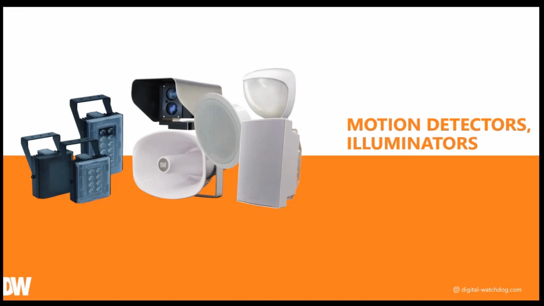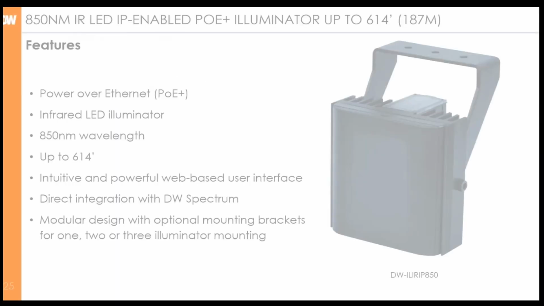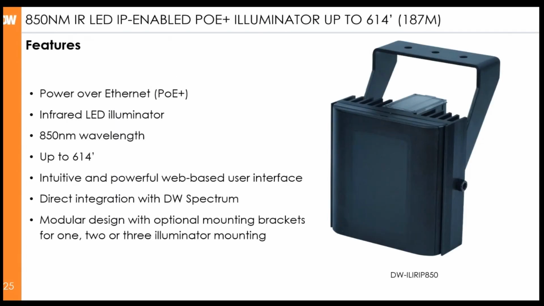So let's jump to our illuminators. We have these IP illuminators, and this is a device for when the customer needs more light. This happens to be an IR version, 850 nanometer, so it glows a little red. This would be for when the customer needs extra IR to wash over an area so the camera can see it better.